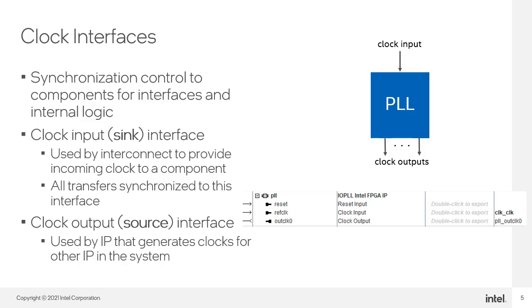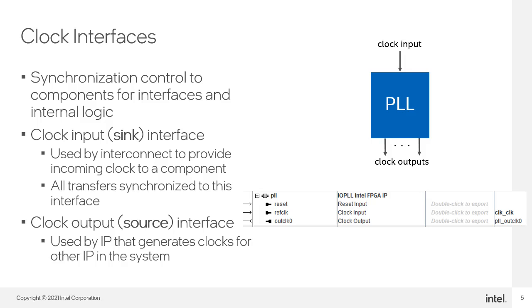Clock output or source interfaces are used by components that can generate and send a clock out for use by other components. The best example of a component with both clock input and output interfaces is a PLL. PLLs in Platform Designer have a reference clock input interface that is used as the PLL's source clock.